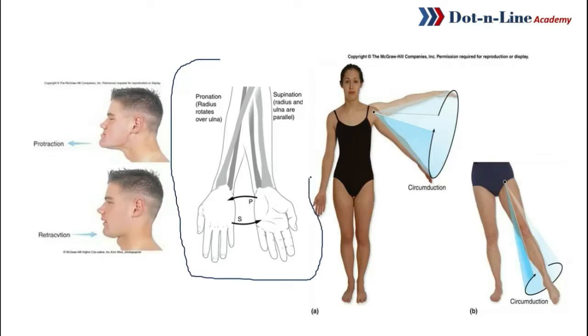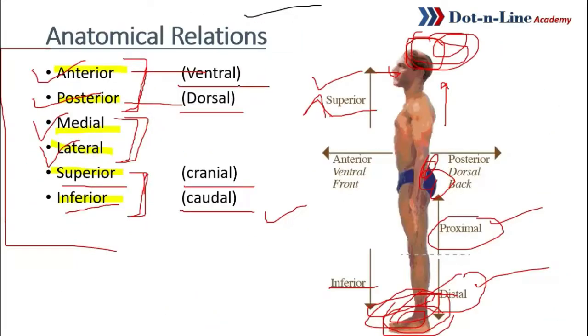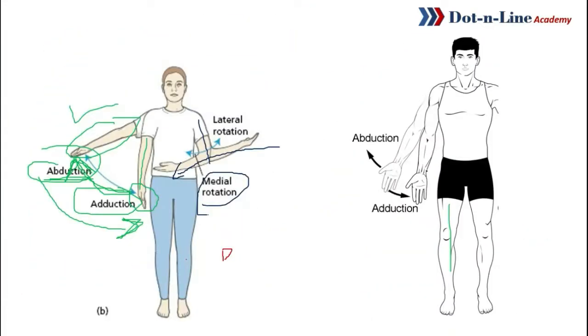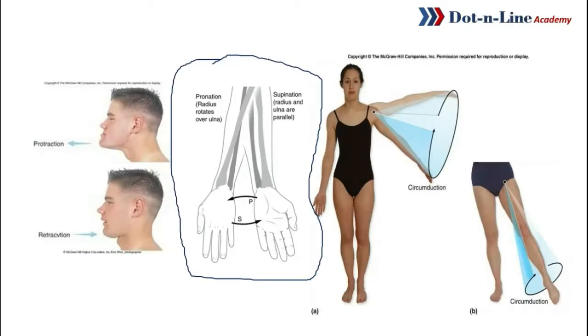This image explains the best example of supination and pronation. Take the example of the hand in the anatomical position, like this, when it is facing forward. Keep your hand in supine position. Remember the supine position is when the palms are facing upward, right?